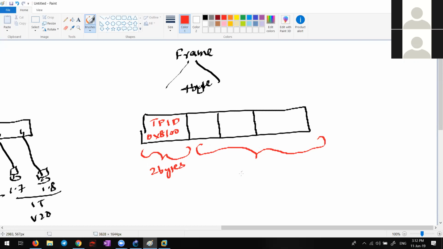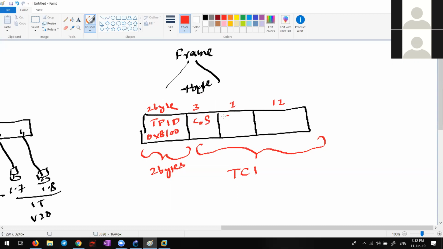will be called TCI, tag control information, in which this is 12 bits, this is 1 bit, and this will be 3 bits, okay? This is the 2-byte value, as I told you. This 3-bit value is used for class of service, for quality of service.